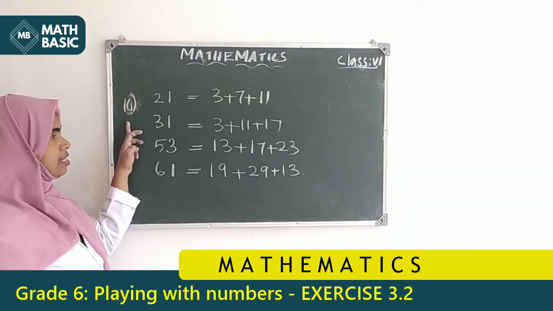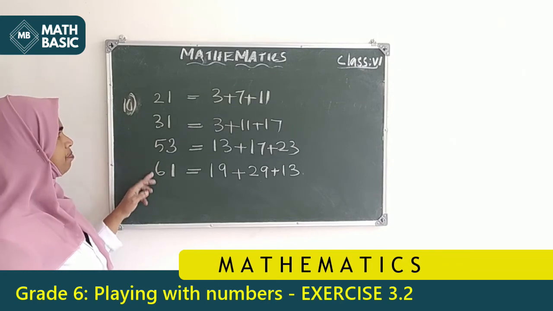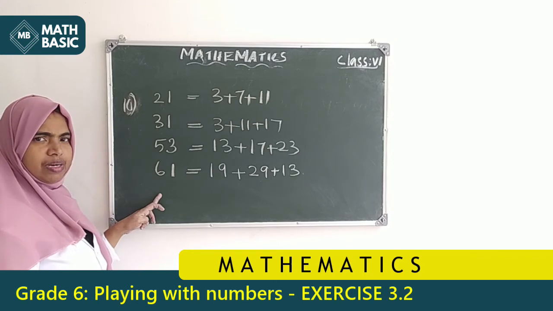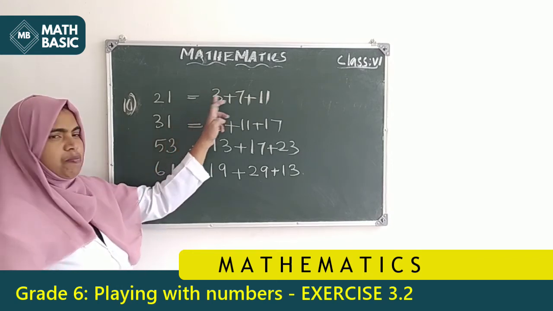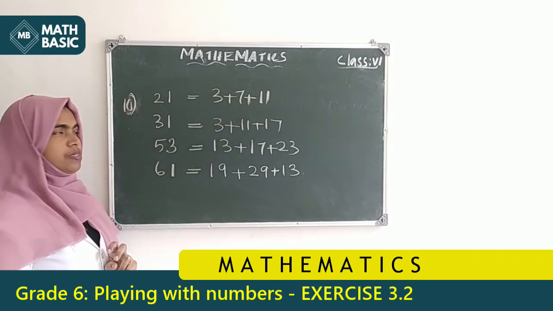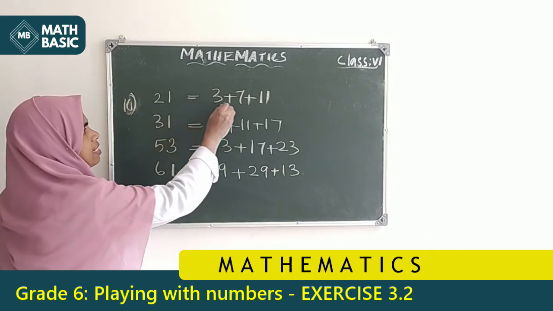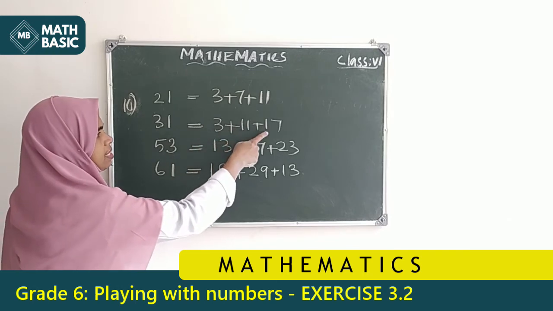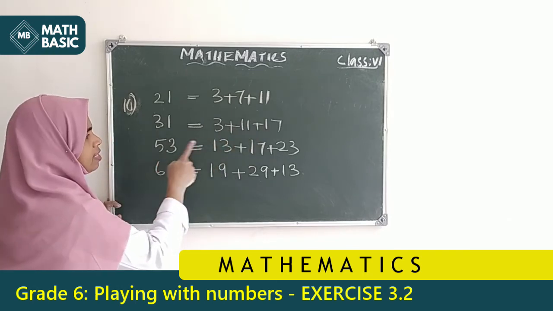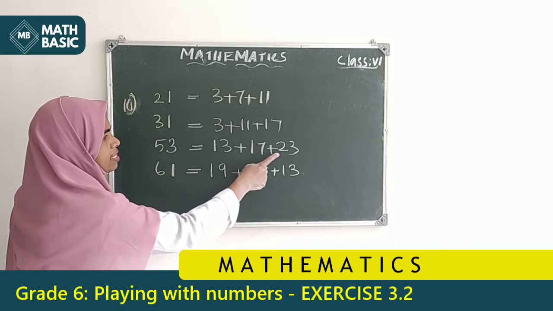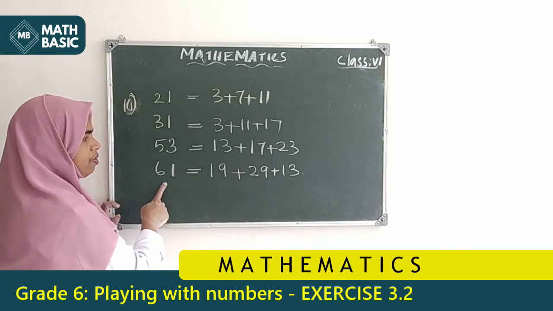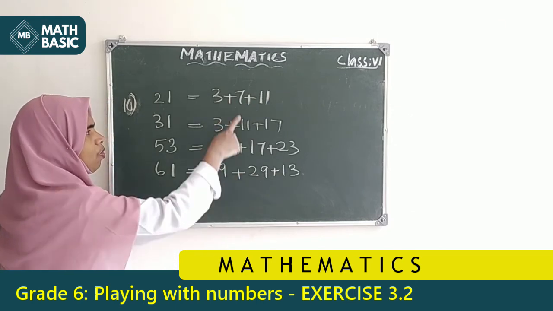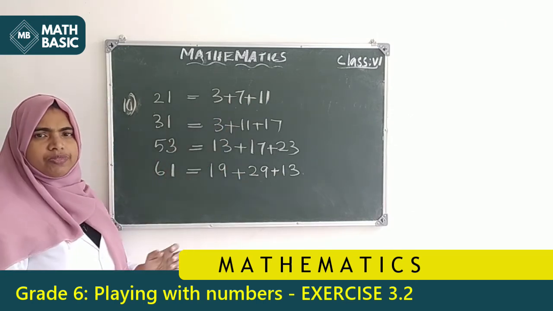This is the answer. 21 is 3 plus 7 plus 11. 31 is 3 plus 11 plus 17. 53 is 13 plus 17 plus 23. 61 equals 19 plus 29 plus 13. These are odd primes.